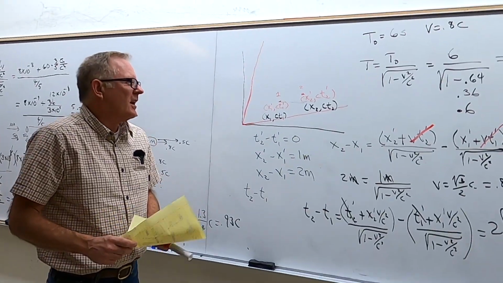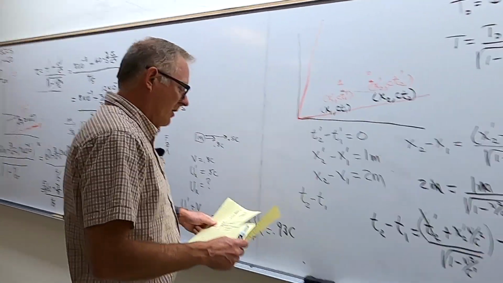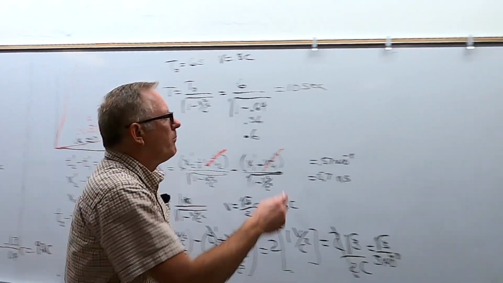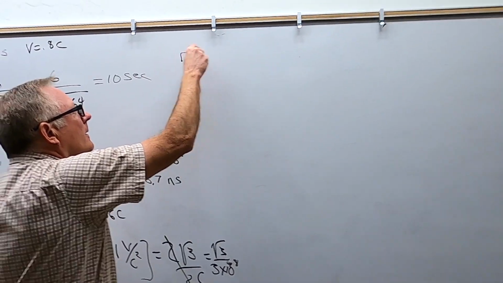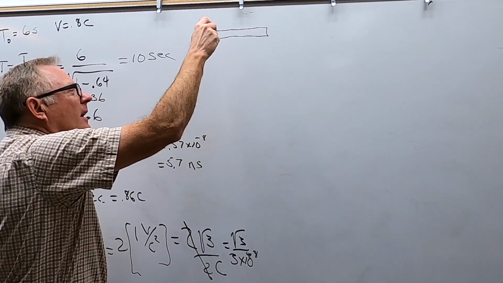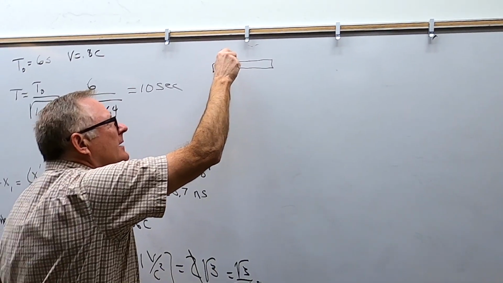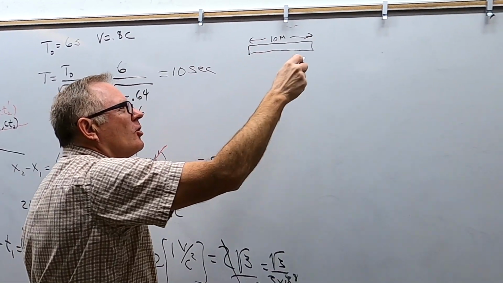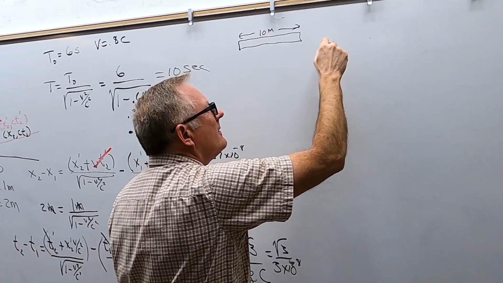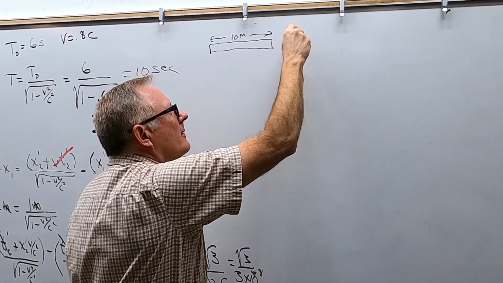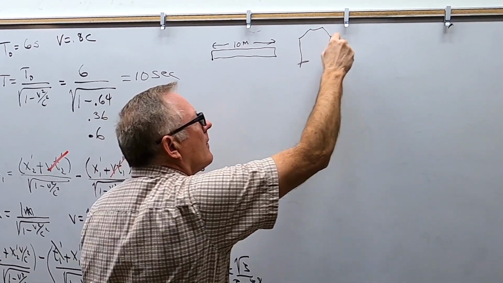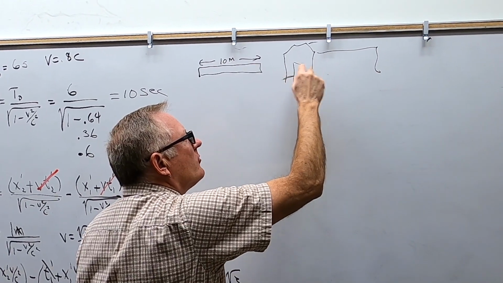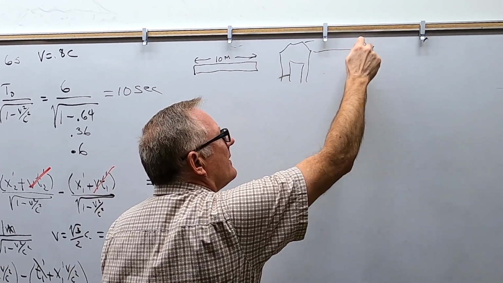One other question I wanted to go over was on one of the homework ones. This is where we had a pole that was 10 meters long going into a barn. Here's my barn right there. We'll just have both doors open, the front and the back, for a minute.